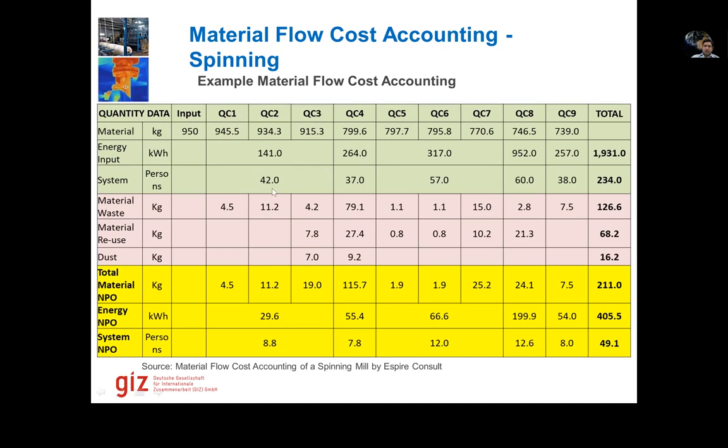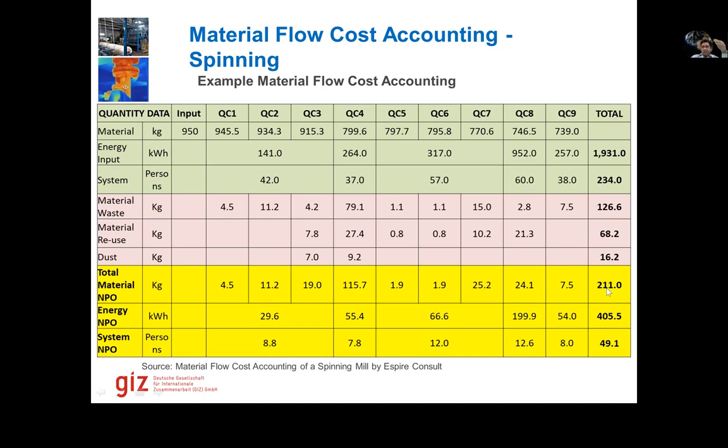And we also assign the same percentage to the persons, or the system cost, and then we get this in terms of number of persons. So 49.1 person equivalent input is going into waste, and 405.5 kilowatt hours of energy is going into producing this 211 kilograms of material NPOs.